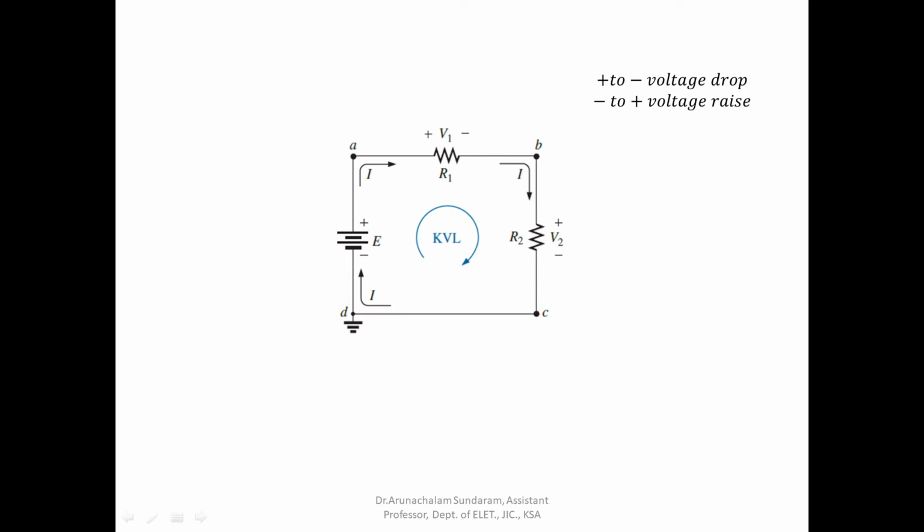For example, if you move from A to B, you are moving from positive potential to negative potential, so this is called a voltage drop. If you are moving from B to C, you are moving from positive potential to negative potential. From C to D, there is no element. When you move from D to A, you are moving from negative to positive. Negative to positive means voltage rise.